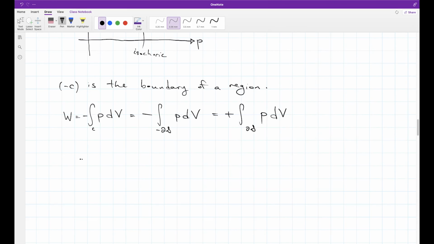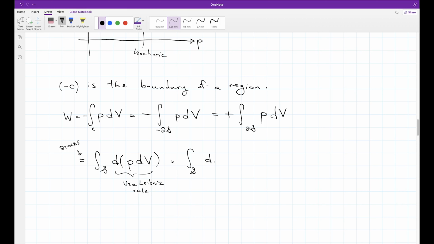So this is then going to be, by Stokes's theorem, the integral over S of the exterior derivative of P dV. Now we'll need to evaluate this using the Leibniz rule, I should say.